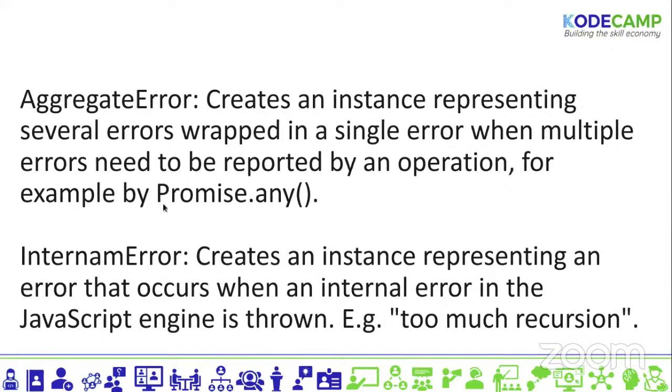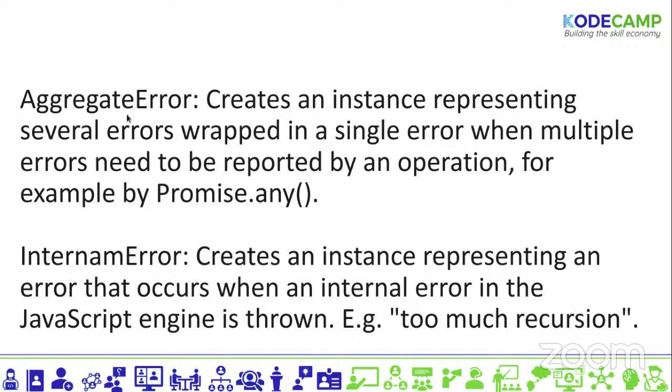When you have a lot of errors wrapped in a single error, and multiple errors need to be reported by an operation, that will generate an aggregate error.